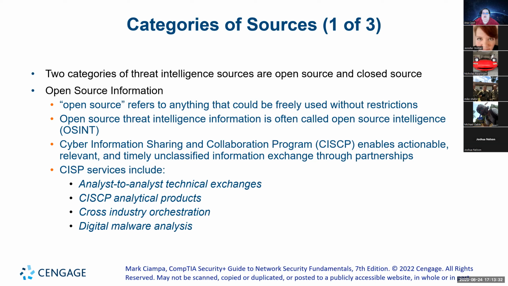The Cyber Information Sharing and Collaboration Program, or CISCP, enables actionable, relevant, and timely unclassified, there's the big one right there, information exchange through partnerships. CISCP services include analyst-to-analyst technical exchanges, CISCP analytical products, cross-industry orchestrations, and digital malware analysis.